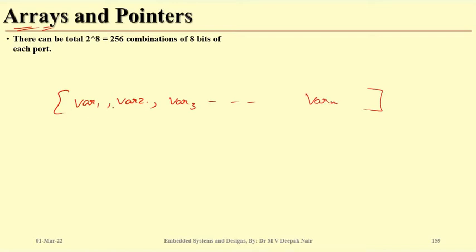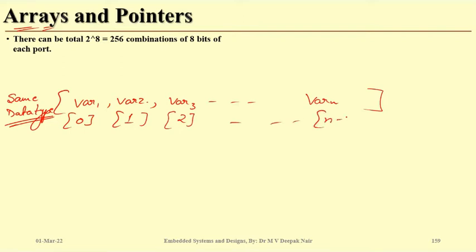All these variables must be from the same data type family. This is one important mandatory rule for an array. Apart from that, all these variables are indexed: 0, 1, 2, and so on, up to n minus 1.